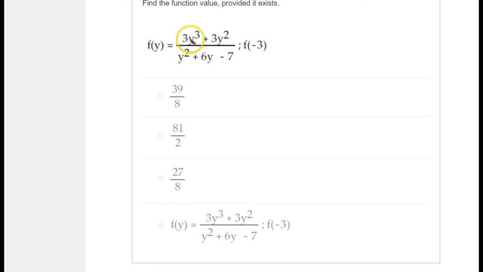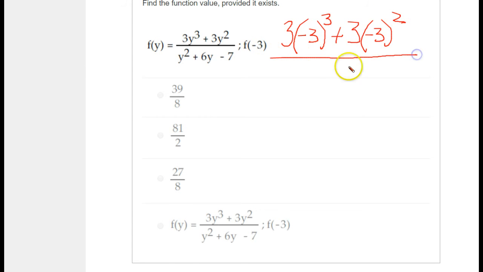Now on this one, wherever there's a y, we're going to substitute a -3. So 3 times -3 cubed plus 3 times -3 squared over -3 squared plus 6 times -3 minus 7.